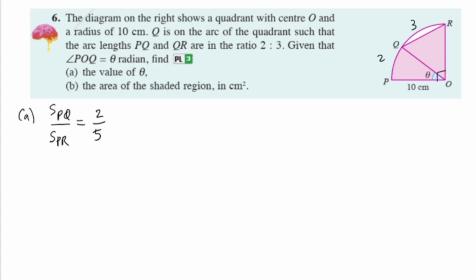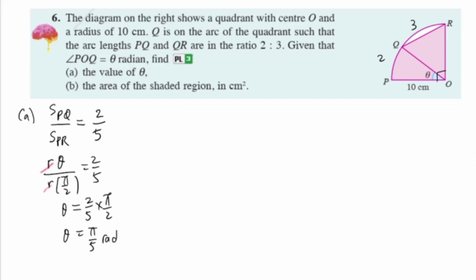Now, length of arc is S equals r theta for PQ. For PR, it's r times pi over 2 because it's 90 degrees, so it's 2 over 5. Now let's cancel the r and r. Theta is now 2 over 5 times pi over 2. My theta is pi over 5 radian.